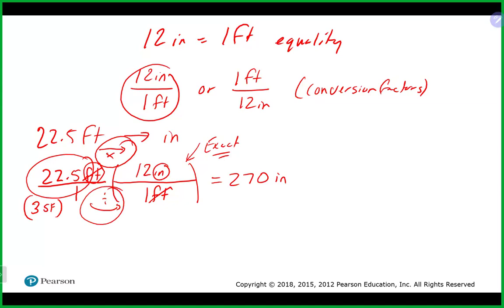On my calculator, I got 270, and that's only 2, the way it's written. In order to get to 3, we would need to put a decimal point in that place. Or you could also do scientific notation if you wanted to. But we would need to add that decimal point to make that 0 at the end significant. Any questions on any of that stuff there?